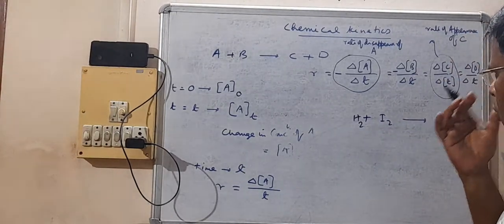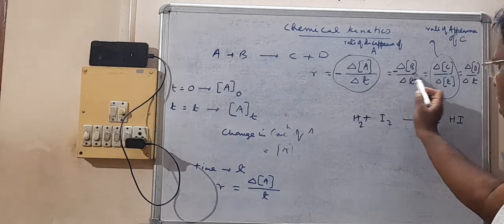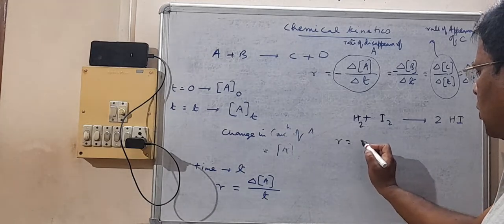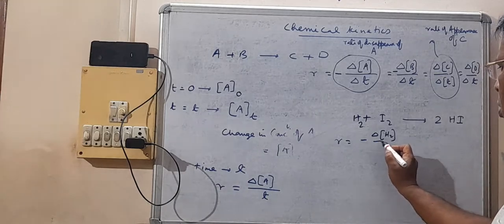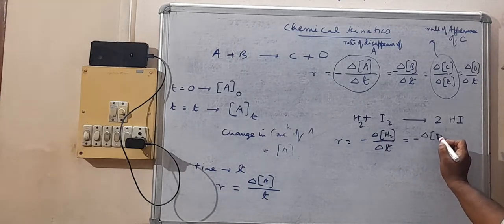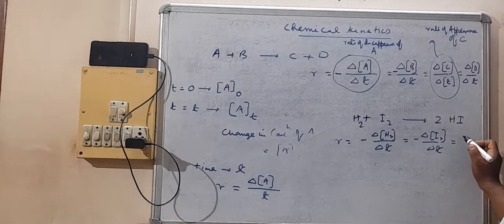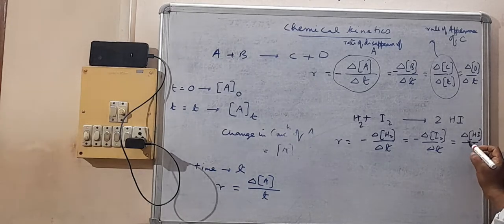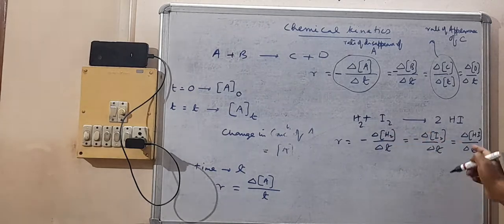So here if I write like this, it will not be correct. R is equal to minus delta H2 by delta T is equal to minus delta I2 by delta T is equal to delta HI by delta T. If I write like this, it will not be correct.